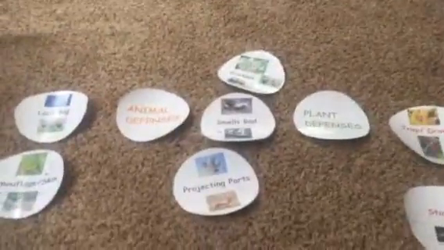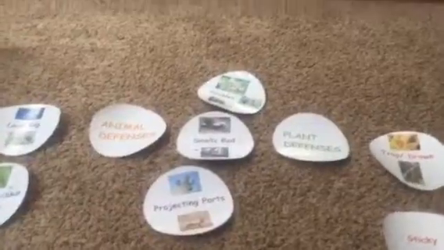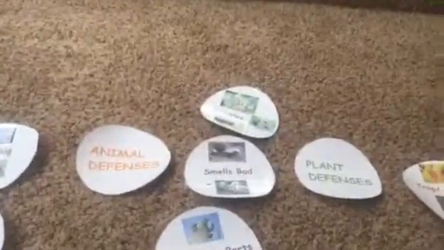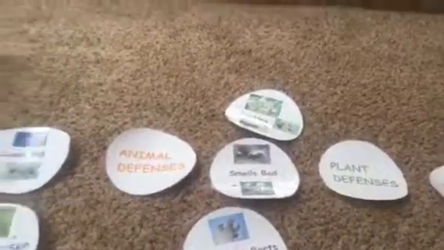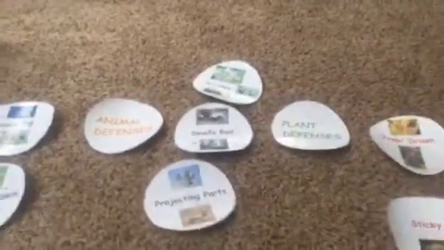If you're doing it inside, you can use the string and just cut pieces of string to connect. So you're showing the relationship between animal defenses and plant defenses and how you can compare which ones share those and contrast which plants and animals do not.